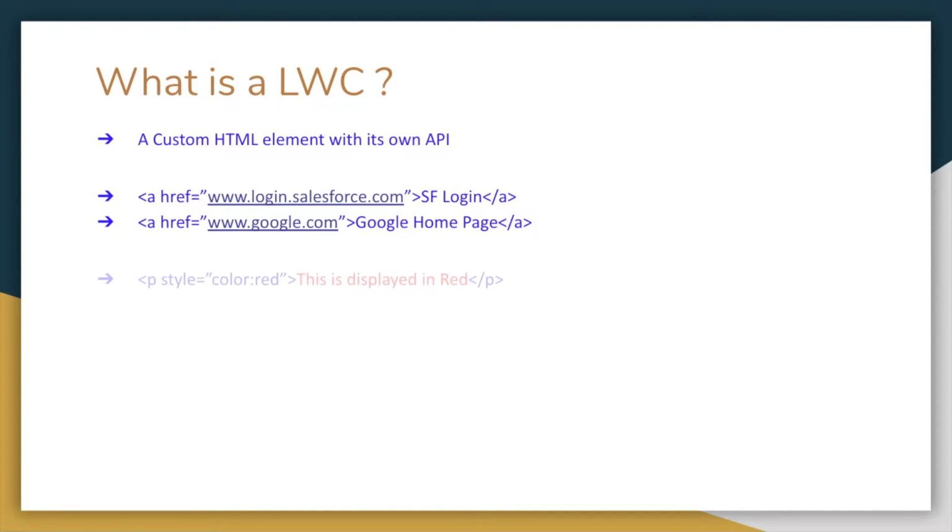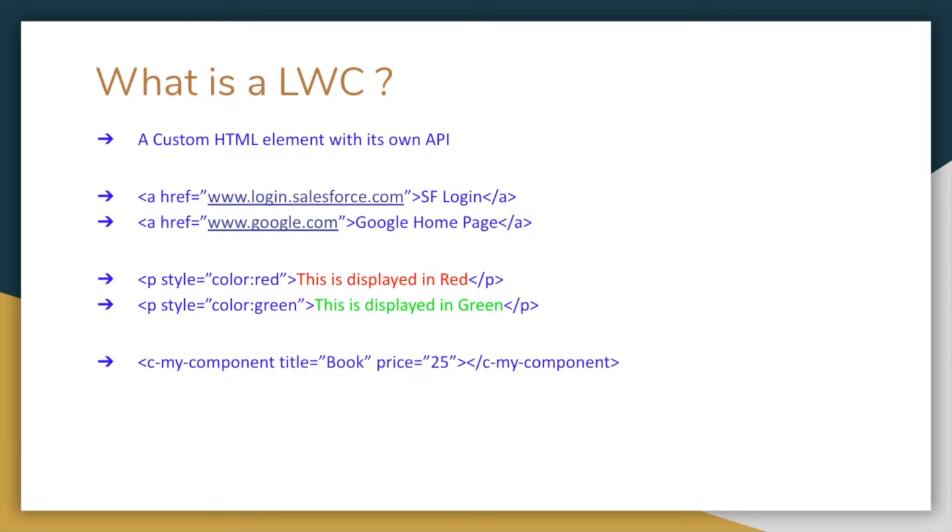Similarly, if you look at a paragraph tag, it has a style attribute which defines the color or the style in which the paragraph appears. So similarly, a Lightning web component may either define some UI or exhibit certain behavior depending on the attributes that you pass, or it may do both as well.